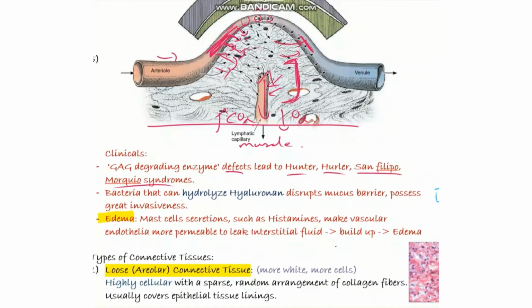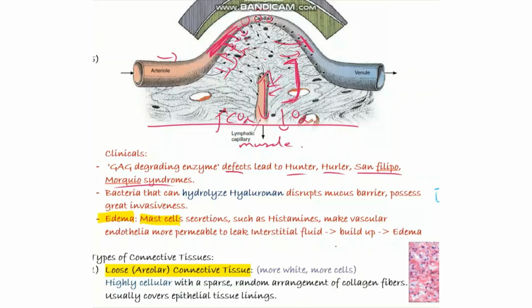Remember, we studied the cells of the connective tissue, and one of the important cells of the connective tissue were the mast cells. And we studied that what mast cells do is that they bring about the immediate hypersensitivity reactions or allergic reactions.